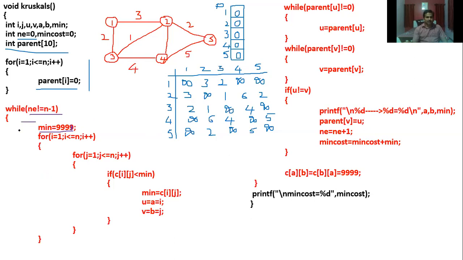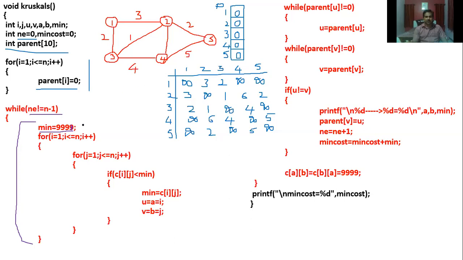So in this adjacency matrix, my task is to determine the field which has the minimum cost. There are 5 into 5, 25 fields. Among these 25 fields, I am supposed to determine the field whose cost is minimum.